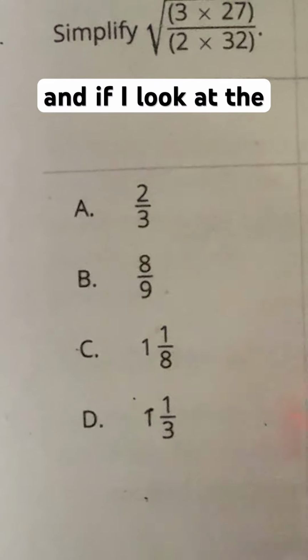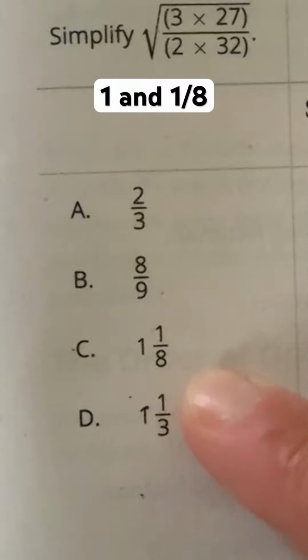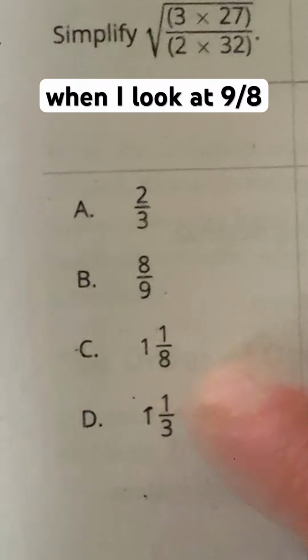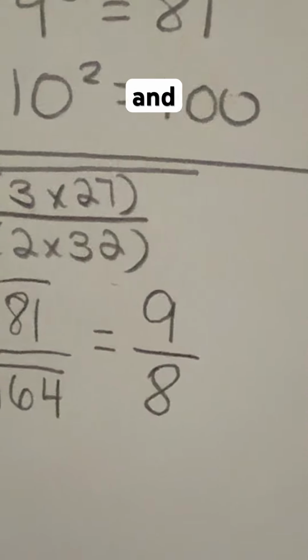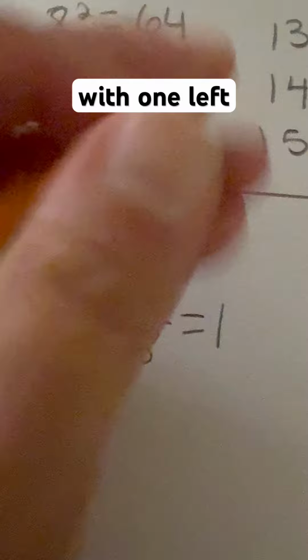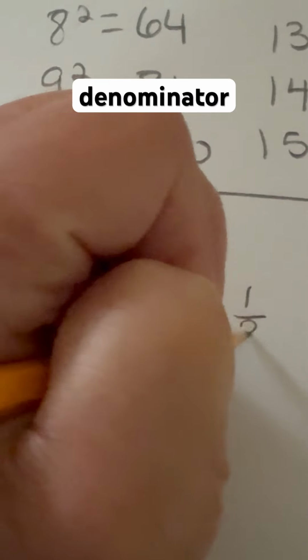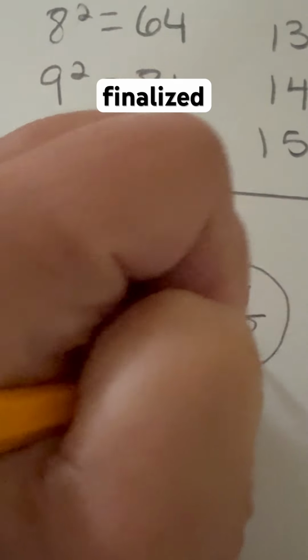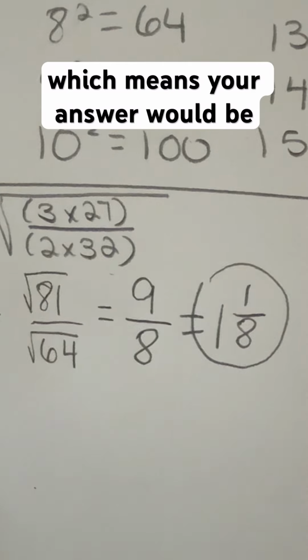And if I look at the options, I do see 1 and 1/8. When I look at 9/8, if I change it from an improper fraction to a mixed number, 8 goes into 9 once with 1 left over. And because the denominator is 8, my finalized answer would be 1 and 1/8, which means your answer would be C.